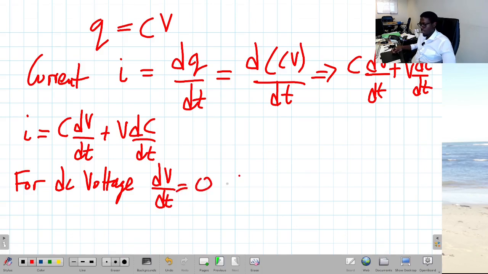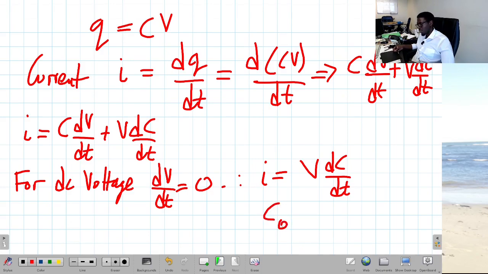And from this, we can therefore say the current now comes only from V dC/dt. And we know that the capacitance C varies from C0 to Cm, meaning that the capacitance goes from the initial value to the maximum value.